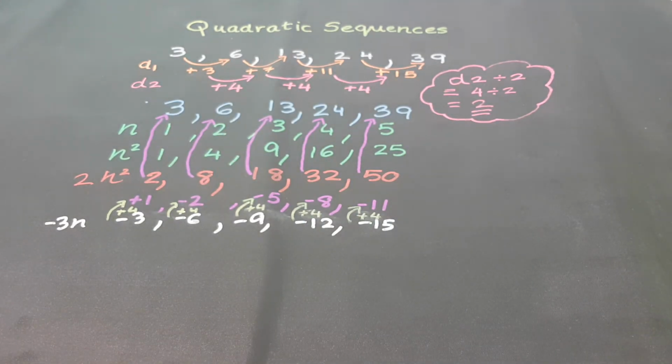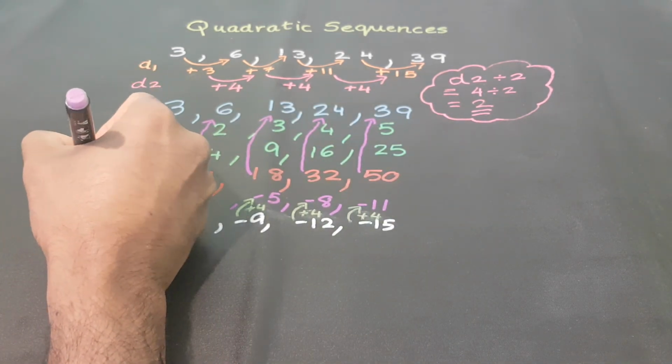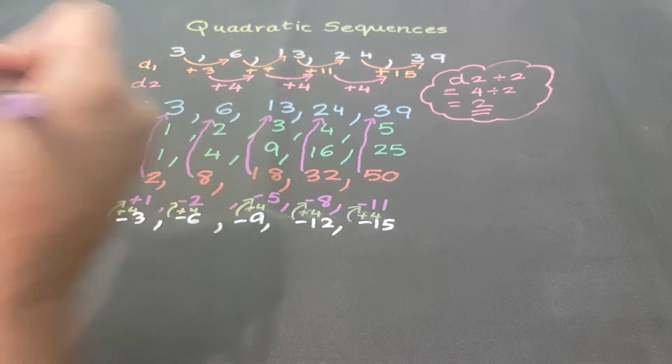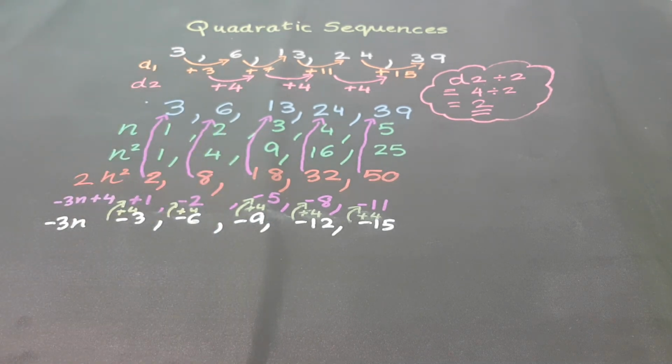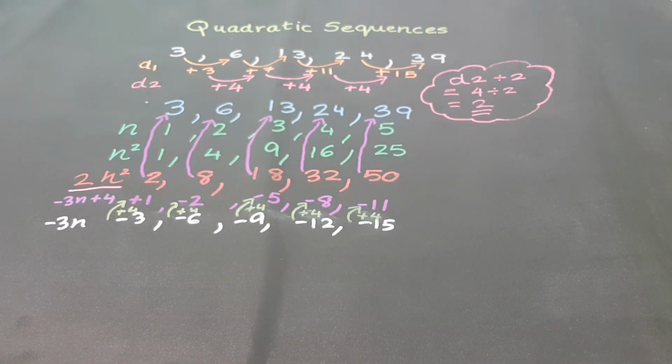So the nth term of this purple sequence over here is going to be minus 3n plus 4. Brilliant. So now what I'm left with is if I add up this sequence over here, the 2n squared, and I add it to minus 3n plus 4, I should get the original sequence.